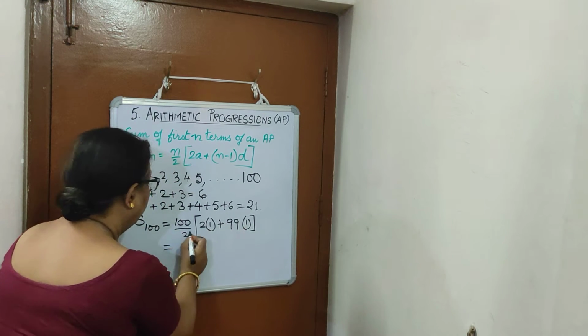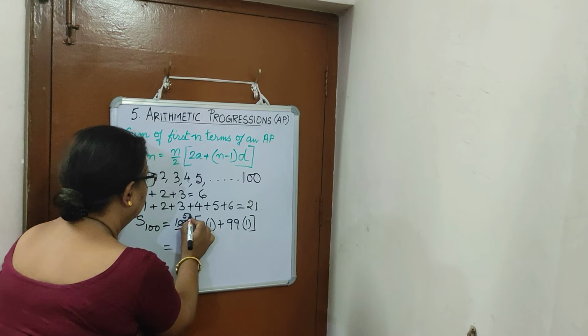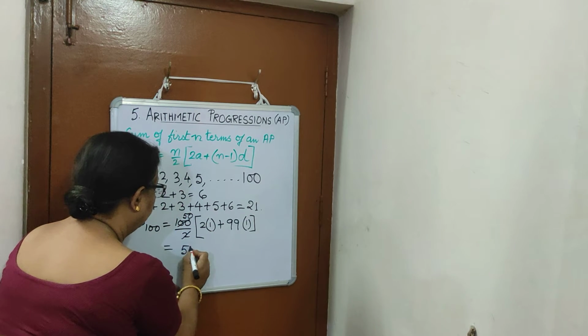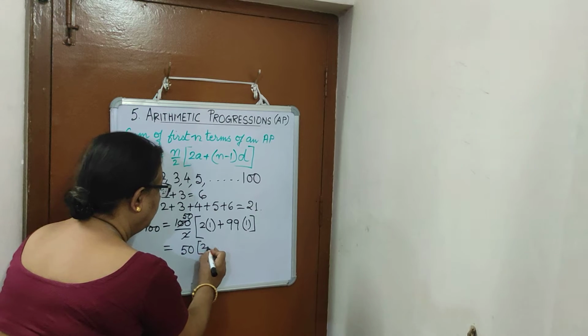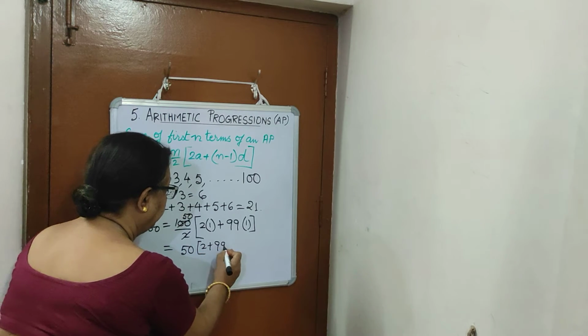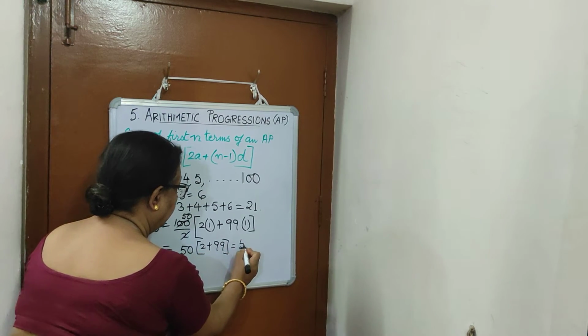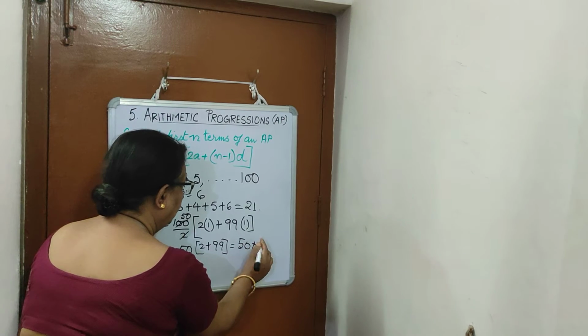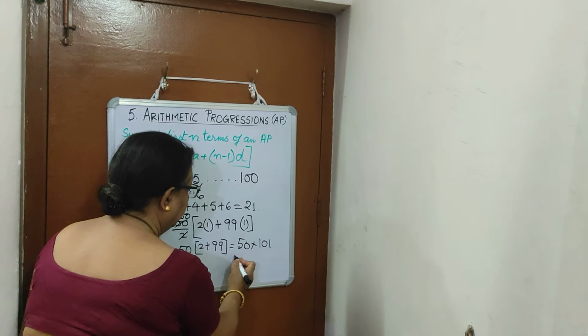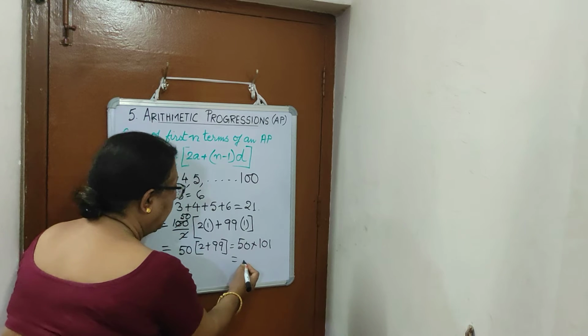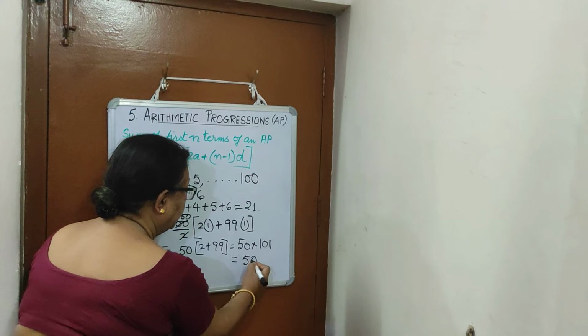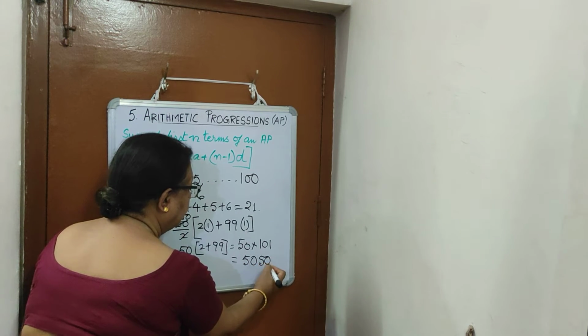So you can cancel it, 50 into 2 plus 99. 50 into 101. You can multiply it, you will get 5050.